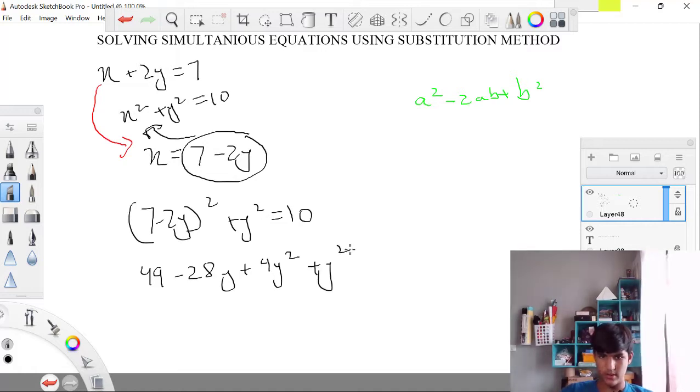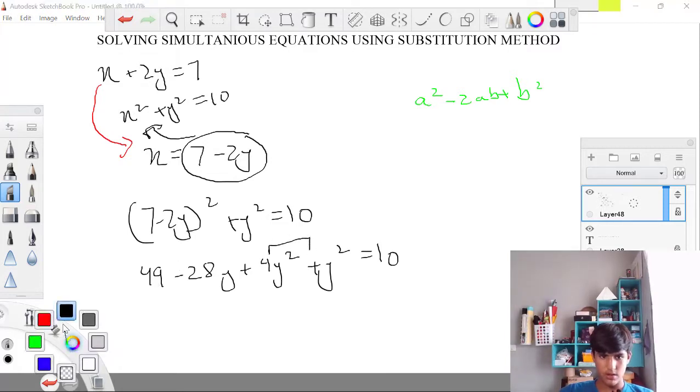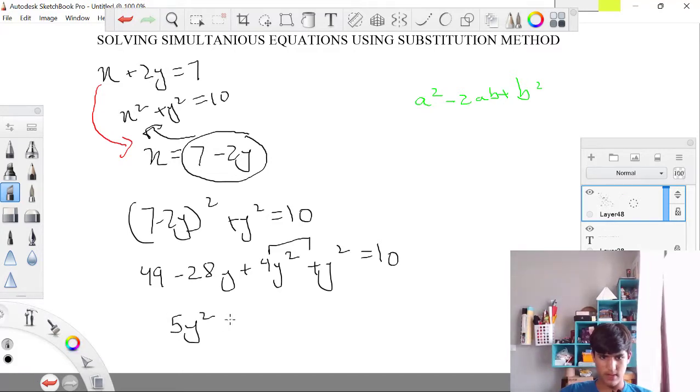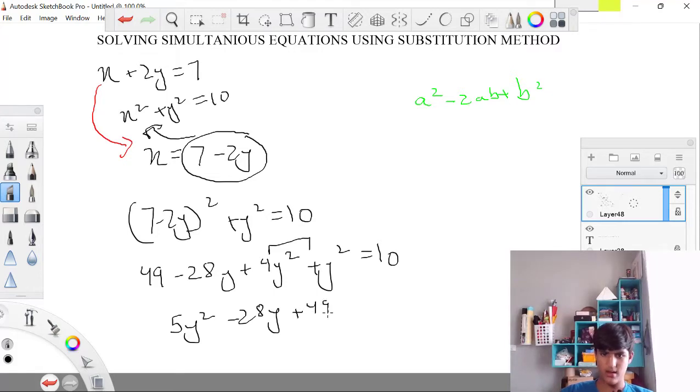Plus y square is equal to 10. We're going to add up 4y square and y square. 5y square minus 28y plus 49 minus 10 is equal to 0.